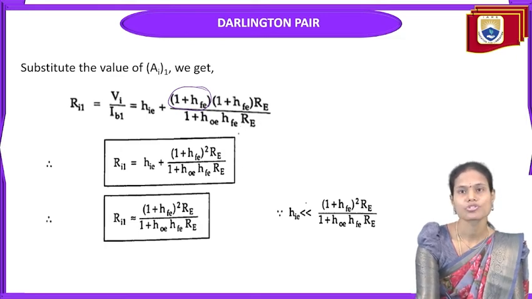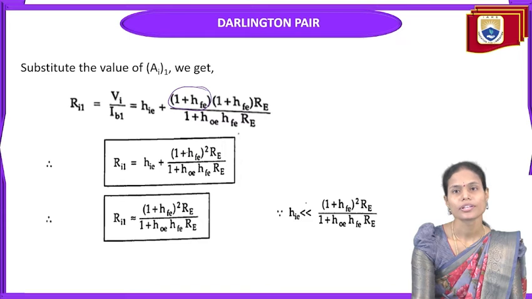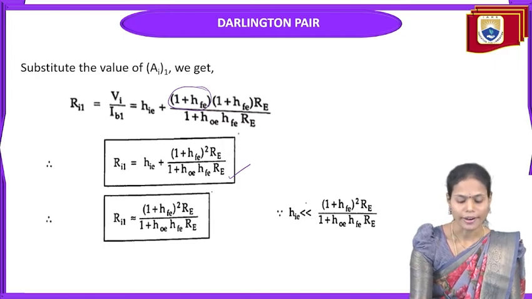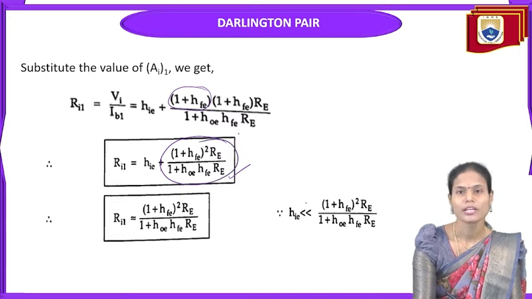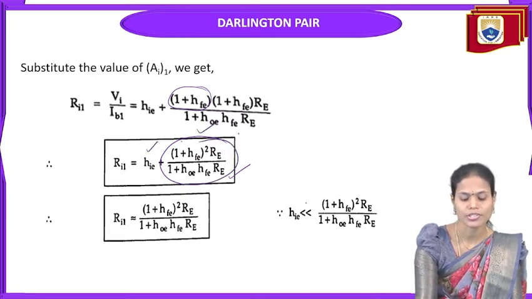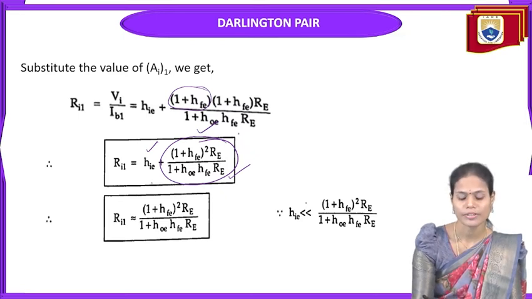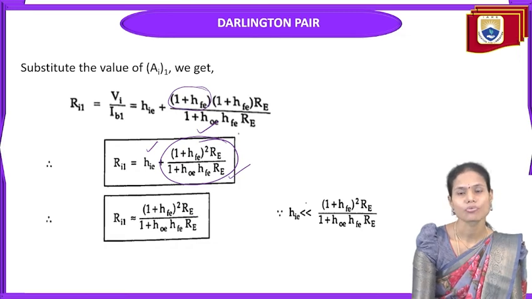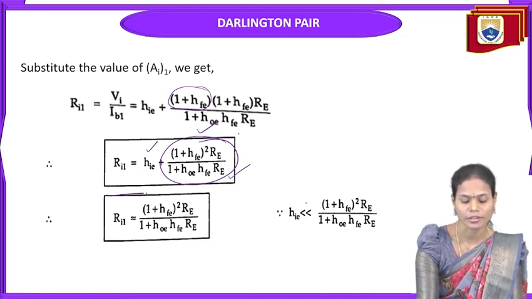So here these two are the same, so we write it as 1 plus HFE whole square divided by the overall denominator as it is. And we can approximate it here with this value only. Why? Because if we compare these two terms, the HIE value is very small, so we can neglect this HIE value here. So after neglecting the HIE value, the overall input impedance of the first stage is 1 plus HFE whole square into RE by 1 plus HOE into HFE into RE.